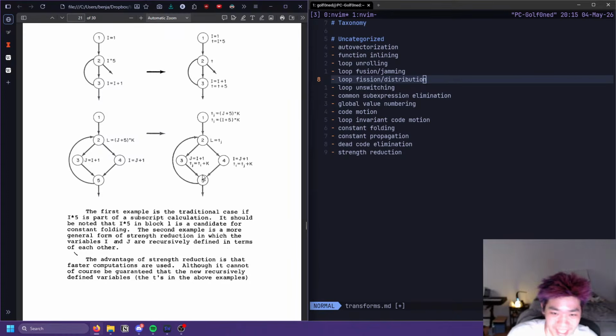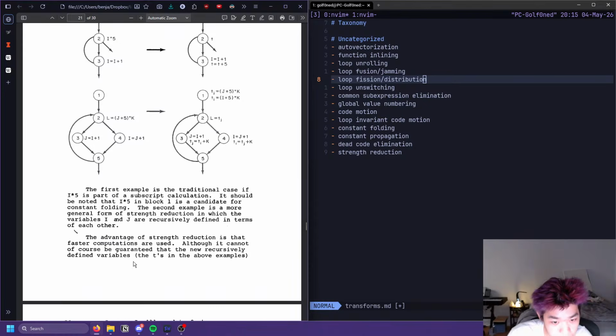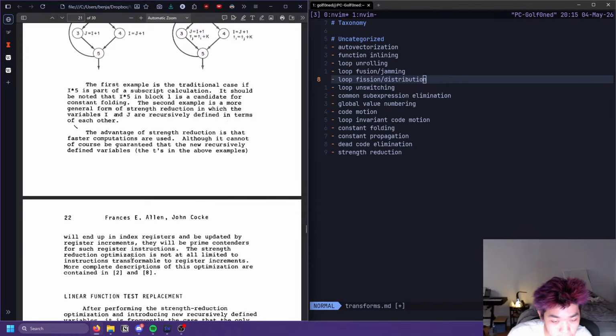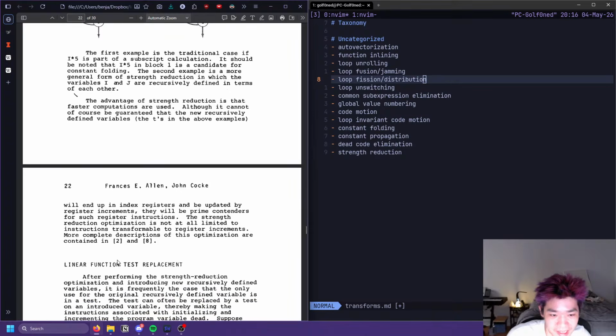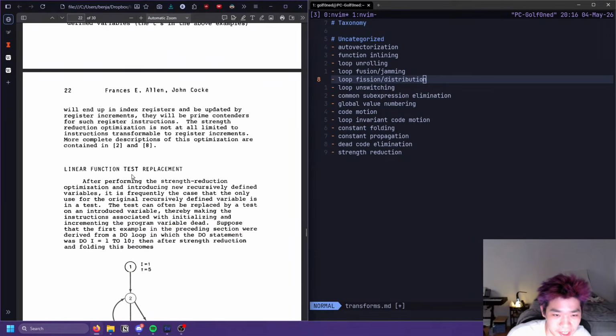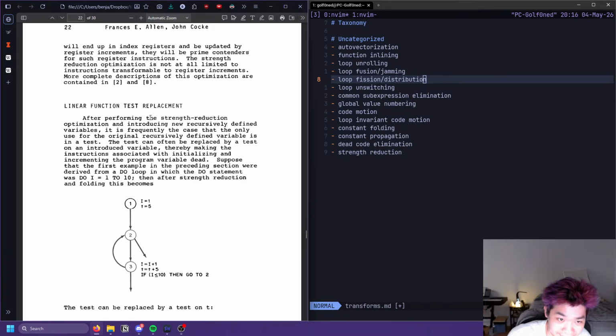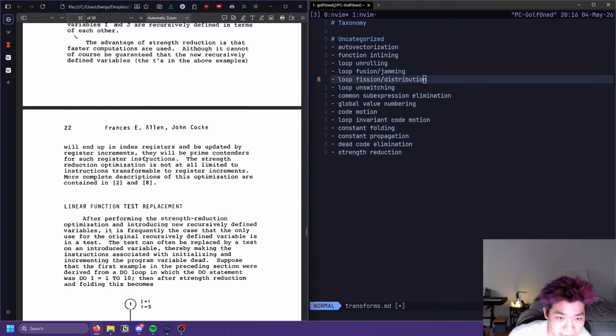Wow, this is confusing me. This doesn't make sense to me. Okay, so we use faster computations. Oh. Linear function test replacement. What? What? Okay.